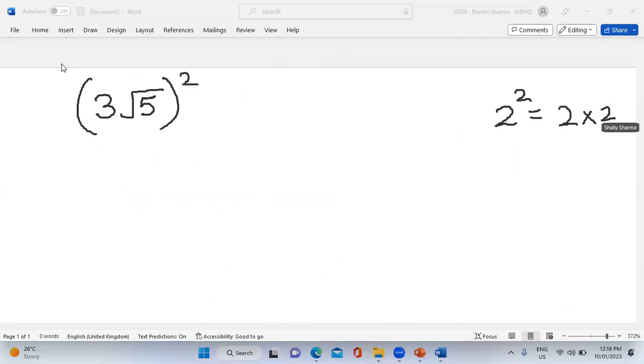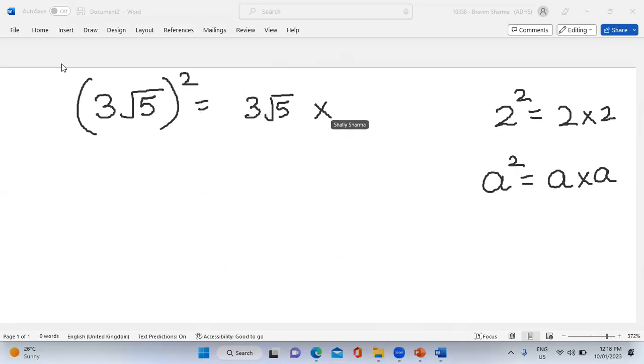Next question, for example, you have 3 square root of 5 and it's squared. Now we know that 2 squared means 2 times 2. A squared means A times A. Similarly, if we have 3 square root of 5 the whole square, that means it is 3 square root of 5 times 3 square root of 5.